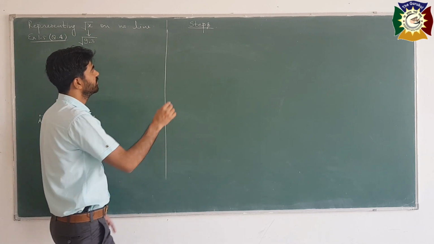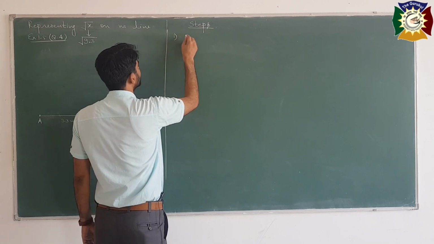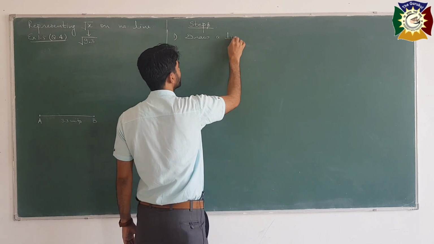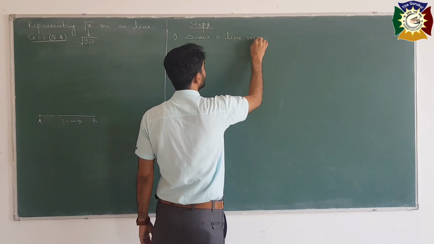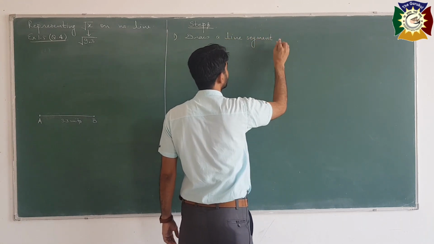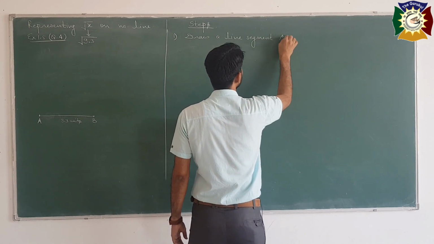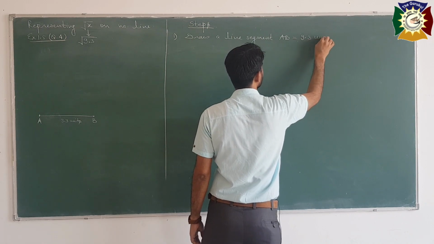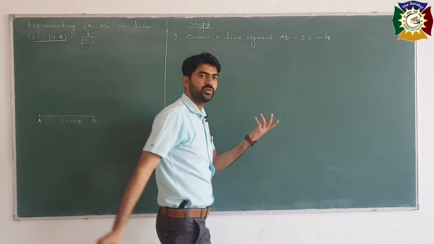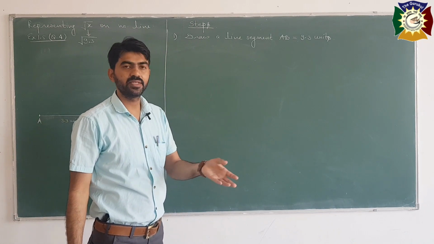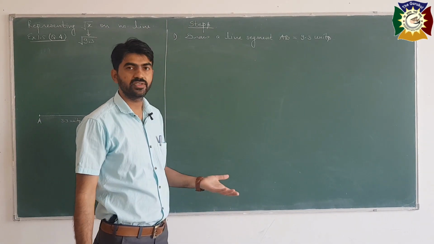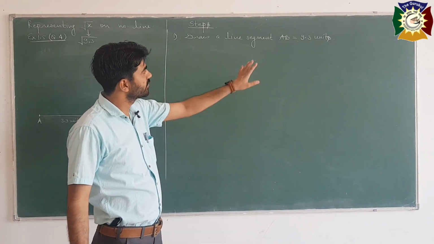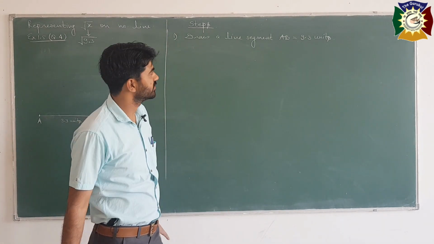First step, draw a line segment AB equal to 9.3 units. Unit you can take anything: centimeter, inch, or meter, but in our notebook we will take centimeter, that is sufficient.